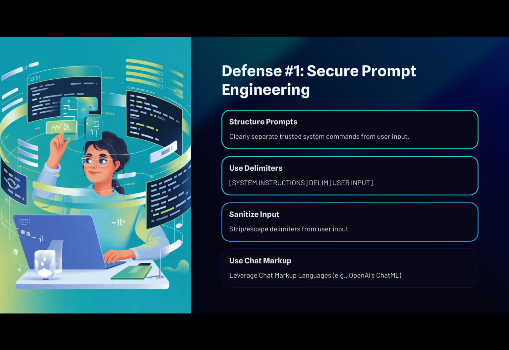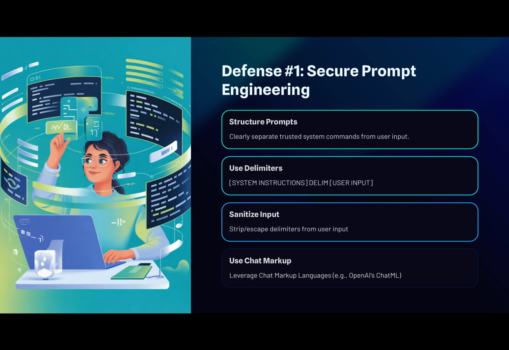A practical approach is to introduce explicit markers, or delimiters, such as wrapping system instructions in tags like system instructions and user input in user input. This prevents attackers from blurring the lines or injecting malicious content that appears as a command.